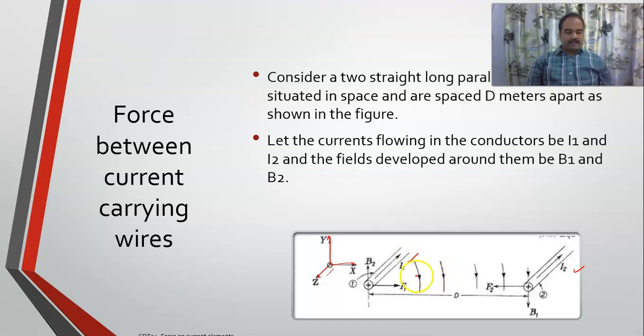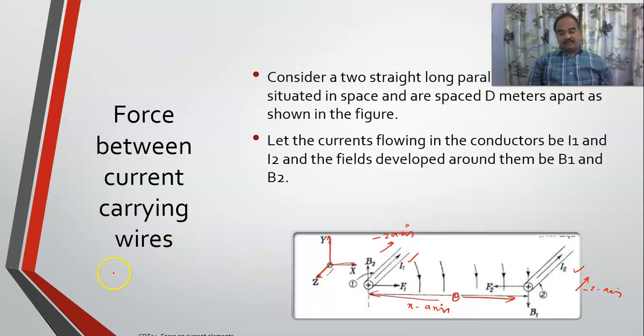They are placed apart, and this is the distance d between them, separated in the x-axis direction. If I take this as z-axis, this is minus z-axis. The current is in minus z-axis mode, and the separation is in x-axis mode. I'll assume that these are infinitely long conductors.